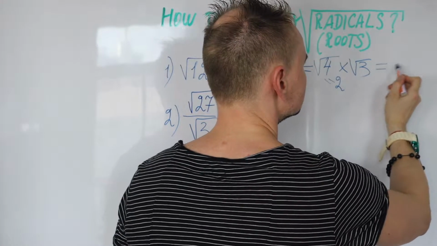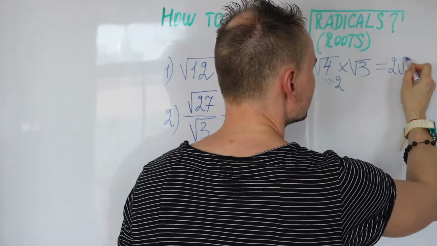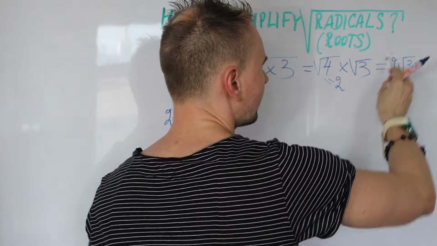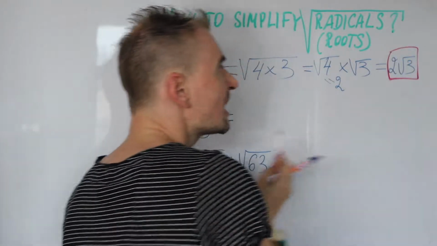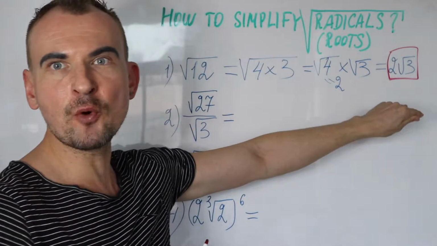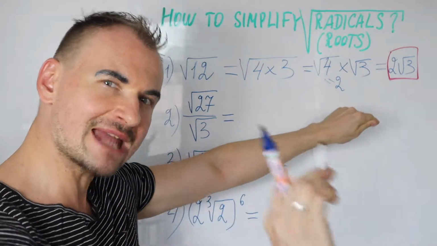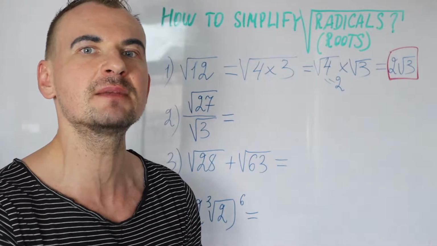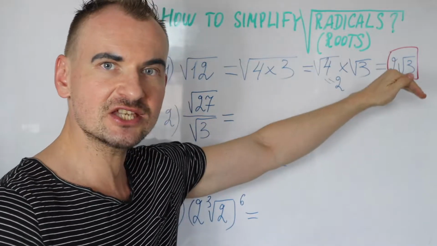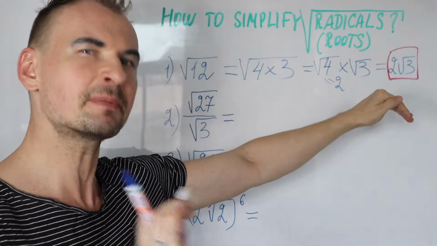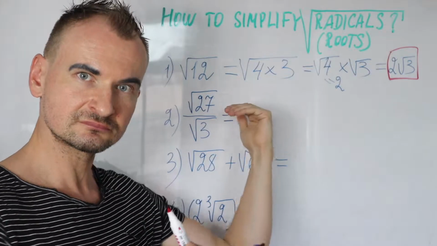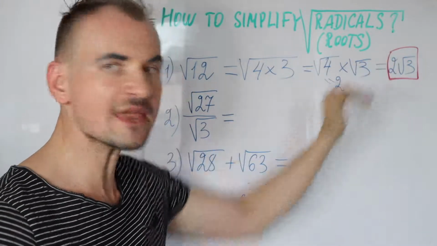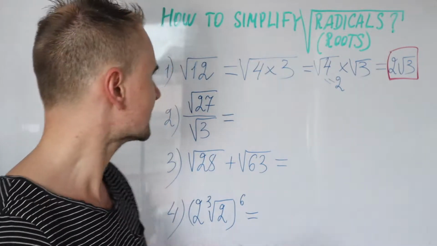So you would end up with 2 root of 3. Again, at this point, check to see if any more simplifying can be done. At this stage, no, since 3 is a prime number, so this is your final answer.